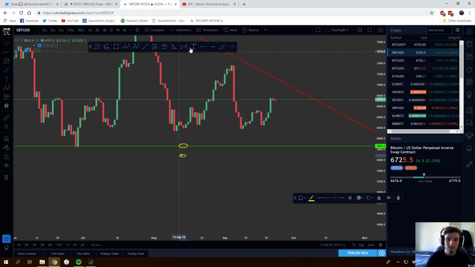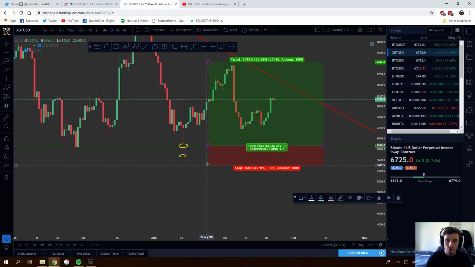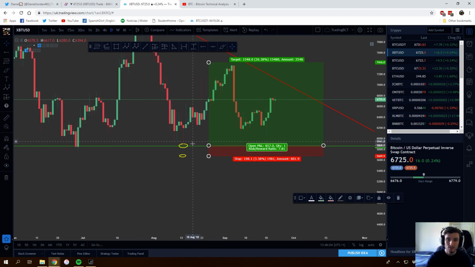So we'd be placing our long position entering here at 5,800, trying to play this up to the top of the descending triangle with our stop loss set below support, okay? So you can see this is definitely below support. So we are playing to a potential 26% gain with the risk of losing 3% here on this trade, okay?